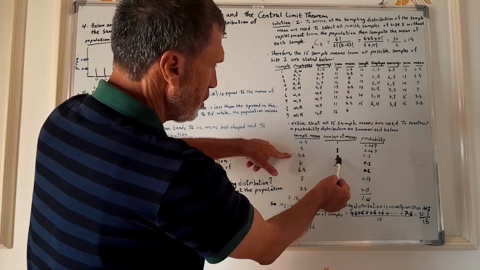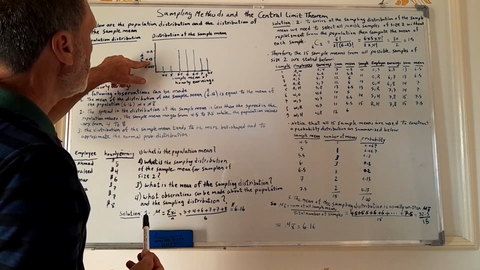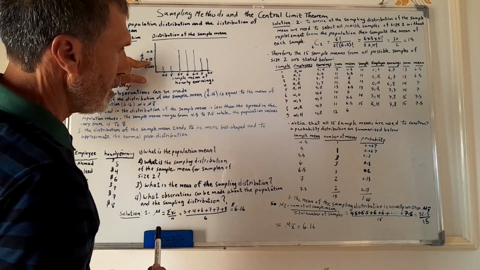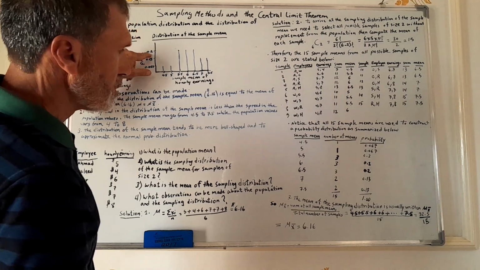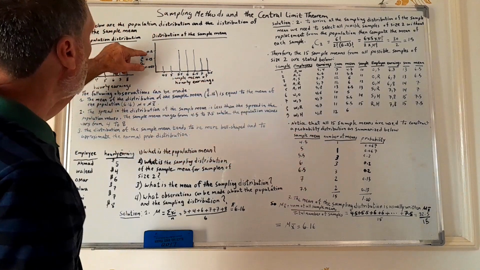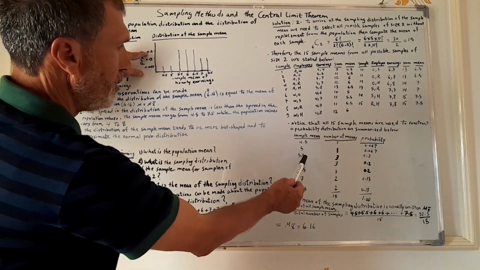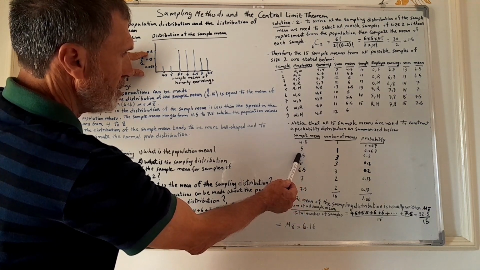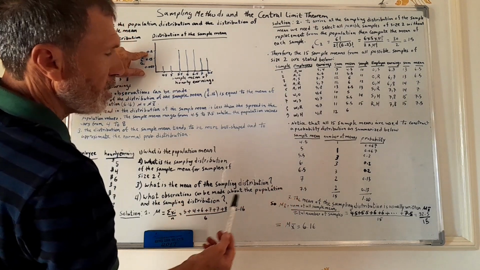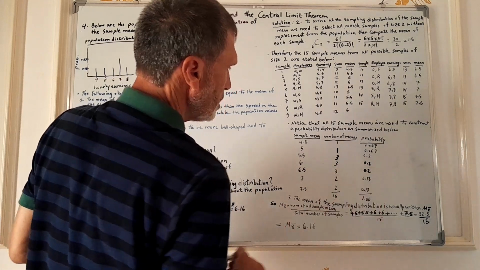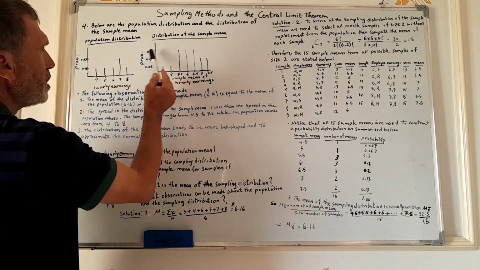So if we divide 3 over 15, we come up with 0.2. Therefore, 5.5, 6 and 6.5 have a probability of 0.2.